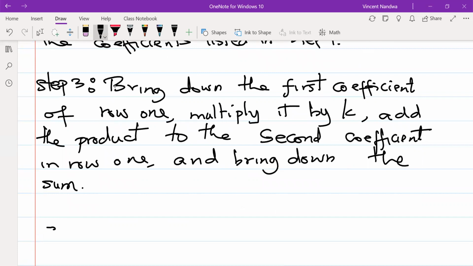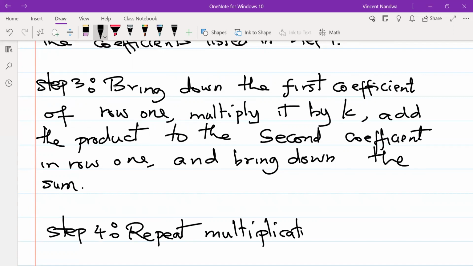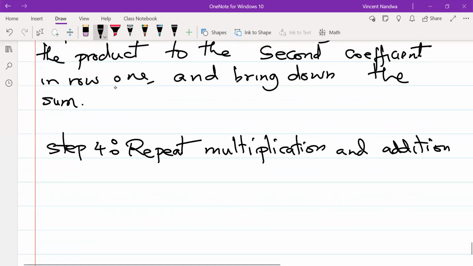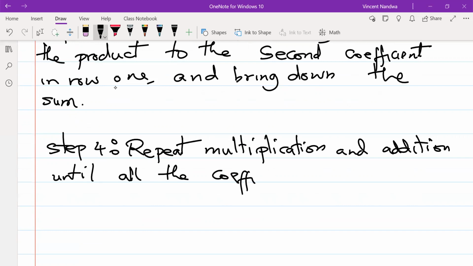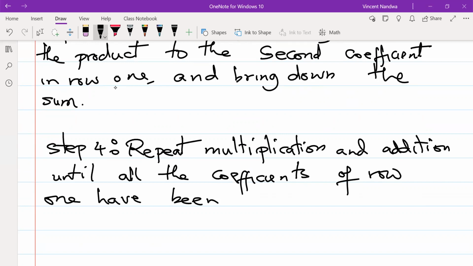Then second last step, repeat multiplication and addition until all the coefficients of row 1 are used.